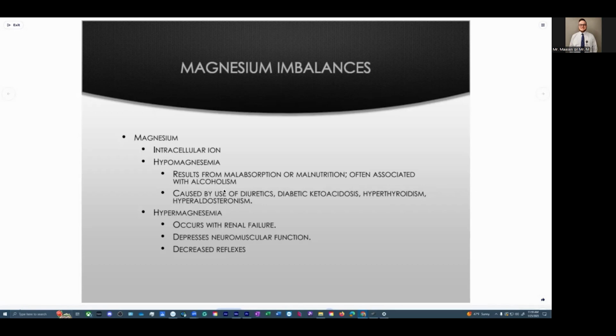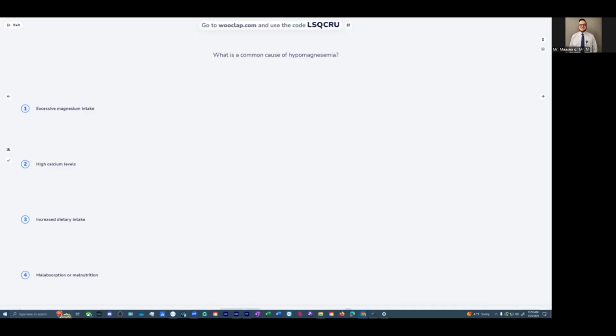You're going to think depressed muscles, depressed neuromuscular function. This typically is caused by renal failure. It's a common cause of hypermagnesemia, too much magnesium.